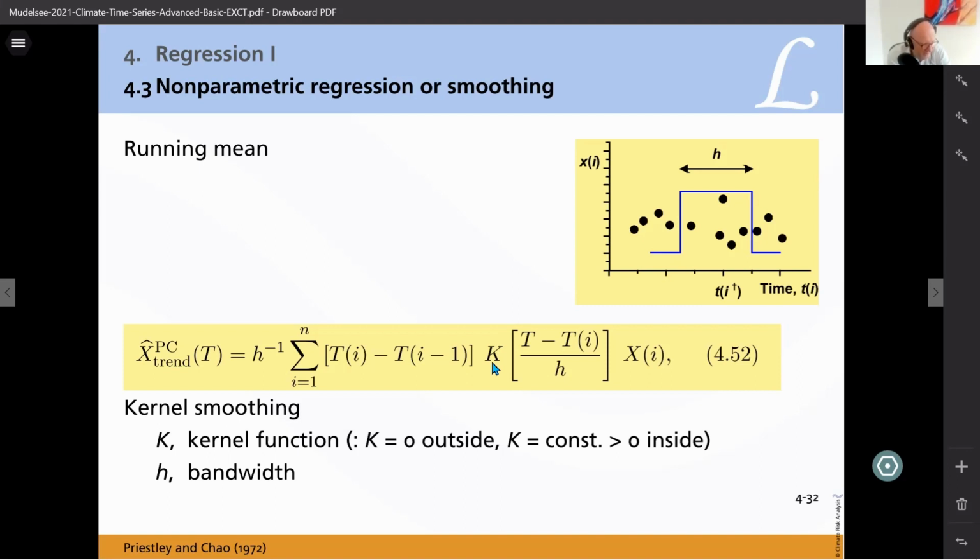And in case of the blue curve here, this rectangular window, which you also call a uniform kernel, the kernel outside has a value of 0, the values simply do not count, and inside they have a constant weight. This would be the value of the kernel inside. And this is then attached to each data point. The other things are just normalization to get an estimate. And this is the bandwidth, h.